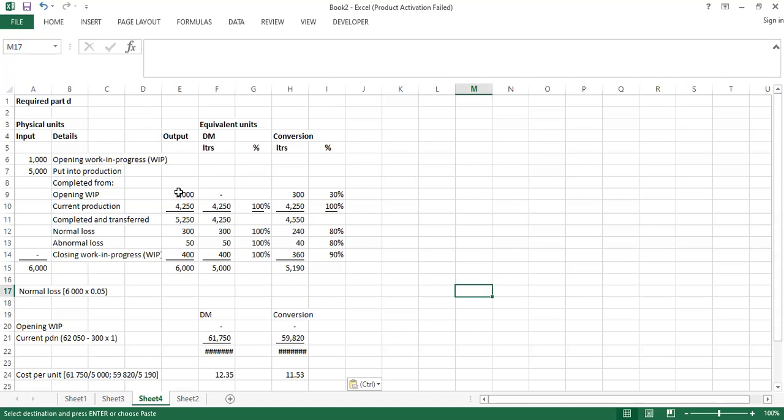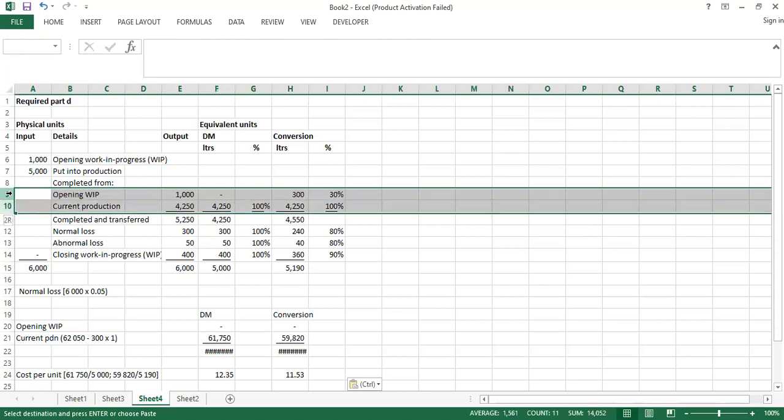You basically delete them. So your completed and transferred remains the same, right? Because that's what we completed and transferred. Then in terms of units, it remains the same. And in terms of conversion, it also remains the same. All right, so let's take these out.